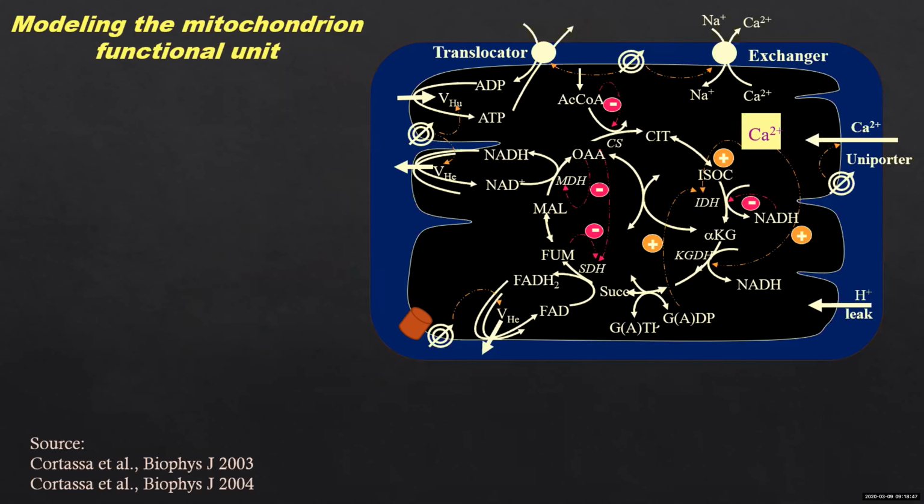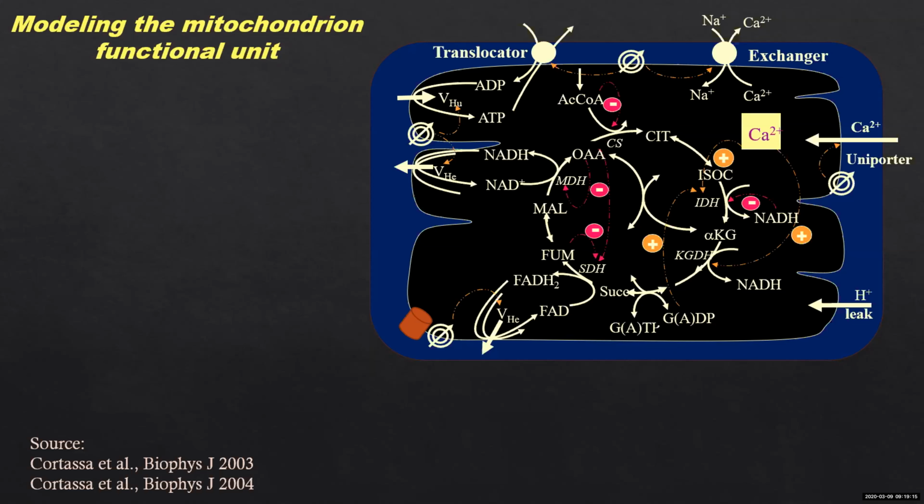Along with experiments, we were also modeling mitochondrial energetics and metabolism. In these two papers shown here, we first described the basic bioenergetic processes of the mitochondria and tested the model for its capacity to reproduce fundamental energetic and bioenergetic behaviors.